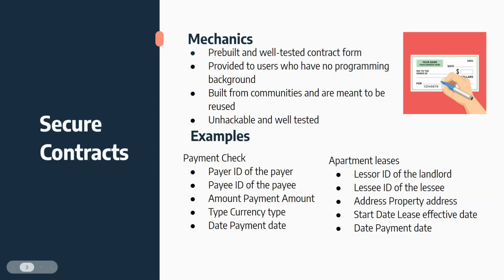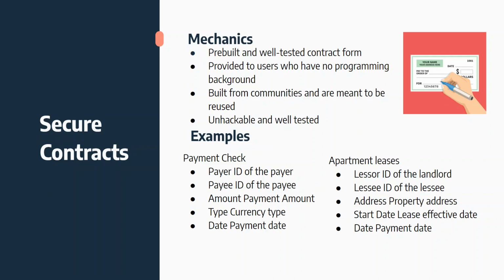The secure contract will be pre-built, and all the people would have to do is fill out these 5 parameters. In a payment check, there would be a payer, which is the ID of a payer. Let's say this is Bob, and a payee, which is the ID of the payee, which could be Alice.